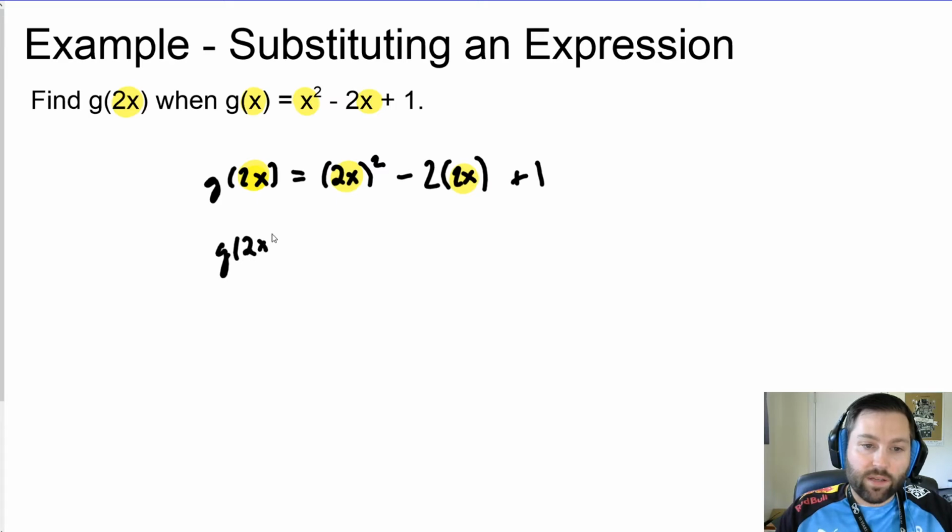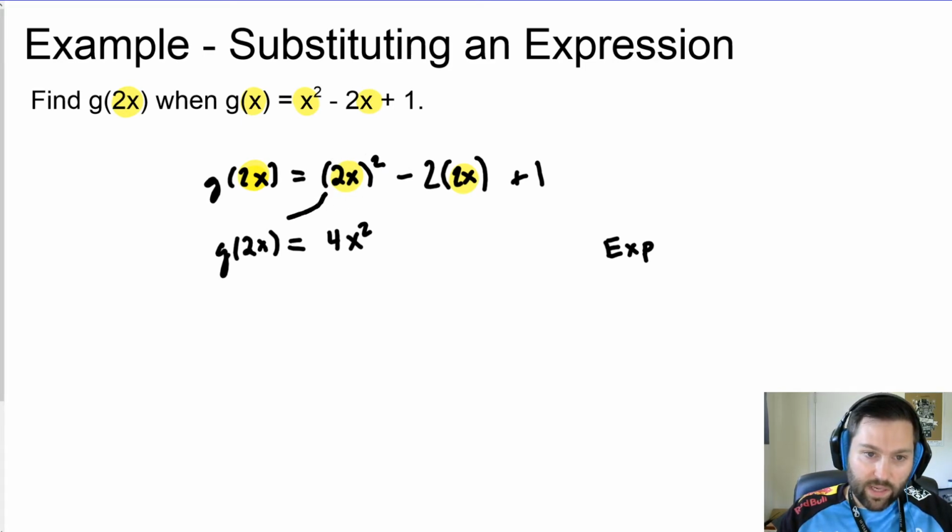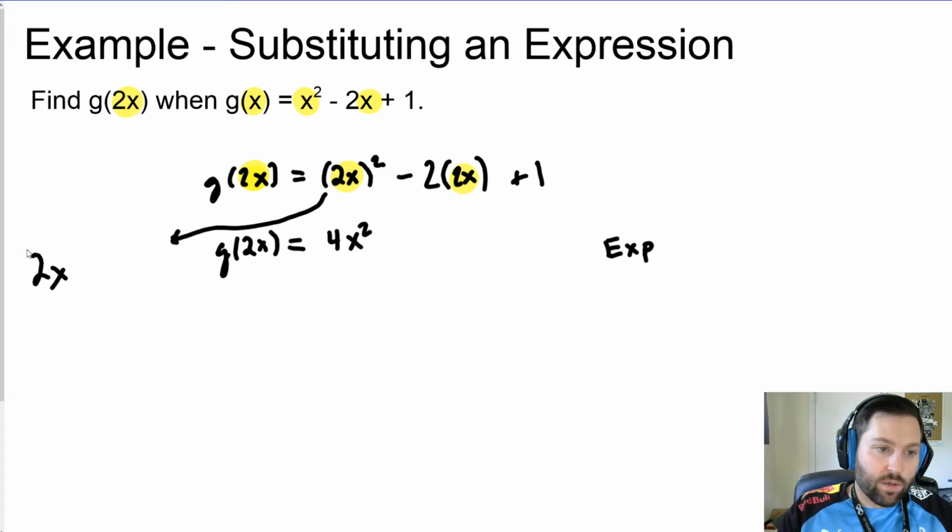So g of 2x over here equals, and then I'm going to perform the exponents first again. So 2 squared and x squared gives me 4x to the second. What I did is I took this and I wrote its actual definition, which is 2x times 2x.